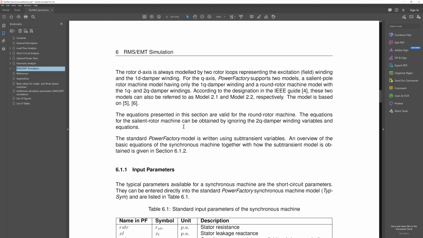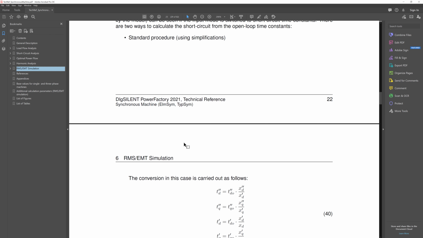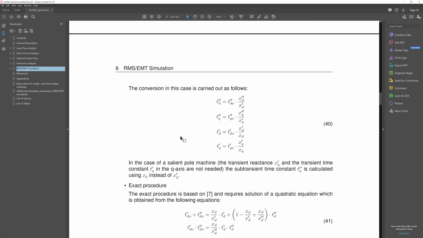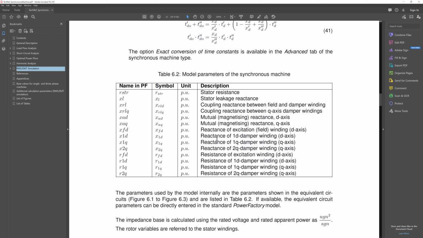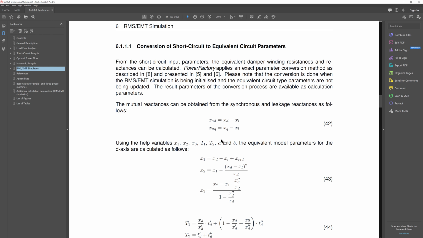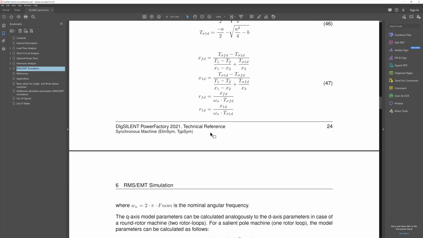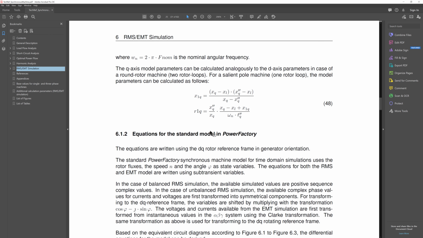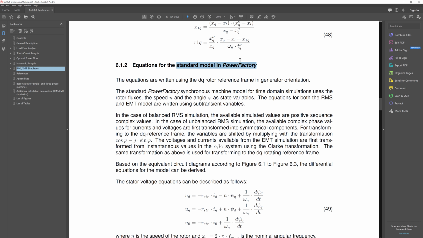And here you have the different input parameters that you can use, okay? And here the calculation for the different time constants, subtransient constants, the axis, open circuit or not. And here is how you can convert from short circuit to equivalent circuit parameters, okay? You must remember that you took a class about electrical machines, okay? And then we have here the standard model that we were discussing.